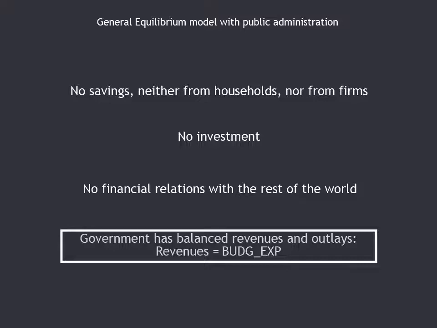This is the variable that we called previously in the equations determining the level of public demand in each sector. The revenues on the left side of this equation are direct taxation plus indirect taxation, which is determined elsewhere. So these new equations must determine the total public expense.